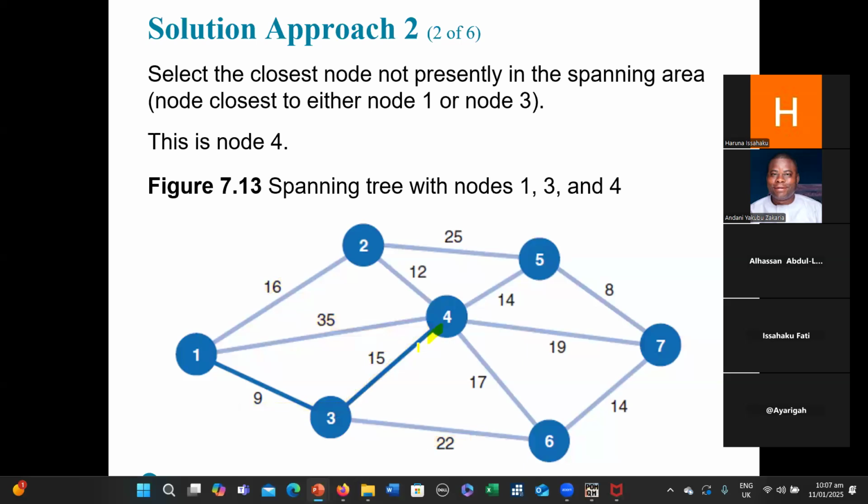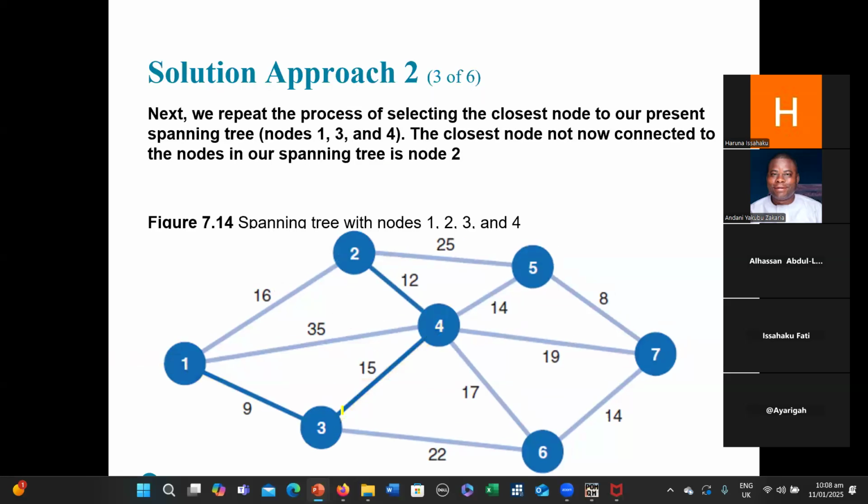So our new spanning area is now this. Okay. So here again, you ask yourself, with the new spanning area with nodes 1, 2, 1, 3, and 4, which one is not currently connected, but is the closest?